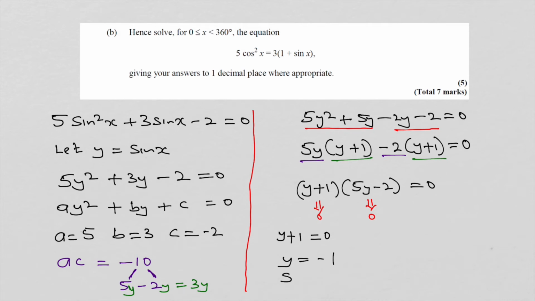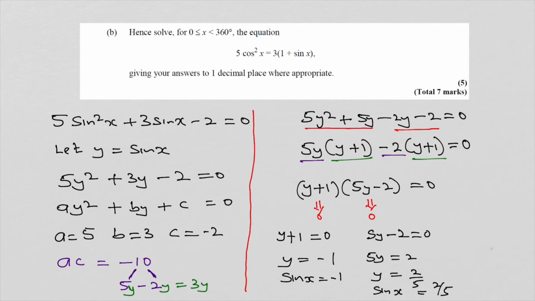That meant sine x equals minus 1. Here we've got 5y minus 2 equal to 0. Therefore, 5y equals 2, y equals 2 over 5. Again, that meant sine x equals 2 over 5.